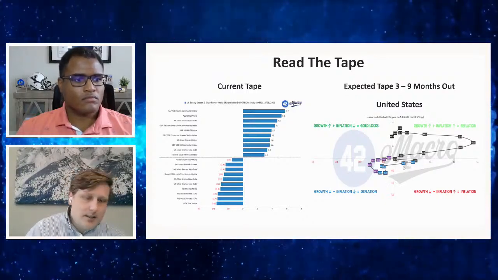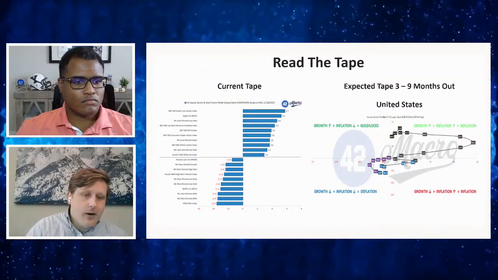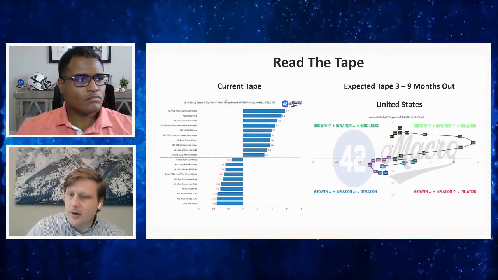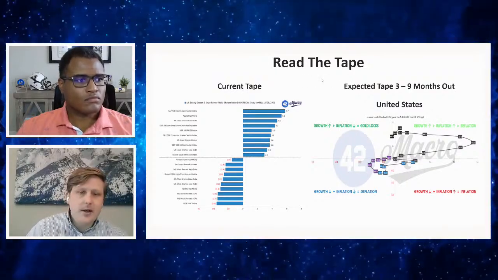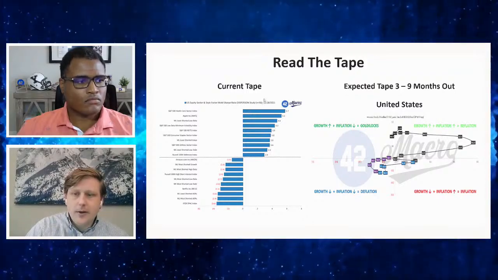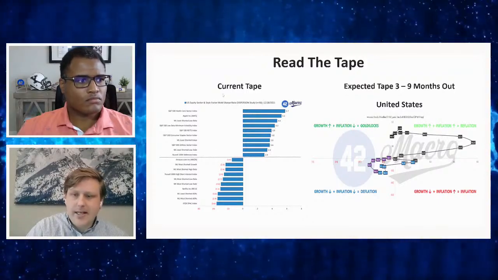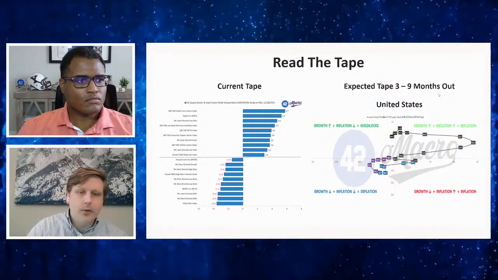And this makes total sense to me that here in December, we're in the inflation regime from our bottom up macro perspective, and that is exactly what the market's pricing in today. So I just wanted to share that for people who don't know what that means, and also how I use some of your research, Darius, to see what the market's pricing in now and what the expectation is going forward on a 3 to 9 month window.